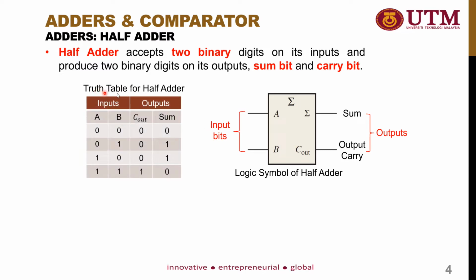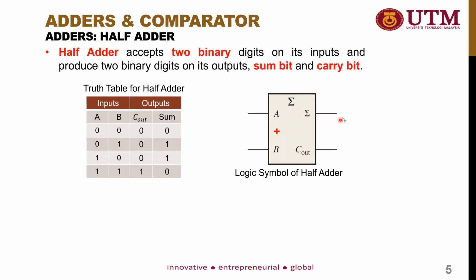So this is the truth table for the half adder, which consists of the inputs and also the outputs. Basically, the half adder is used to perform the addition of two different variables together. It means that A plus B will produce two outputs, and each output has one bit.